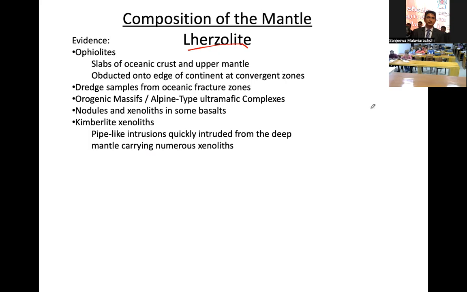If somebody asks about the composition of the mantle, you have to say it's peridotitic. That means it's composed of the rock called peridotite, an ultramafic rock. Or otherwise, very simply, you could have told me it's ultramafic. That's enough.